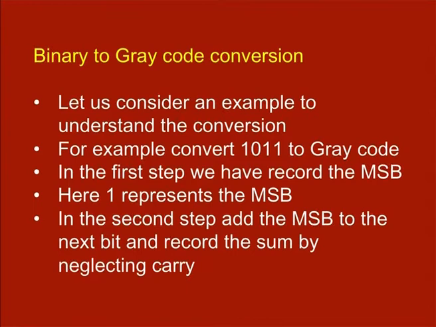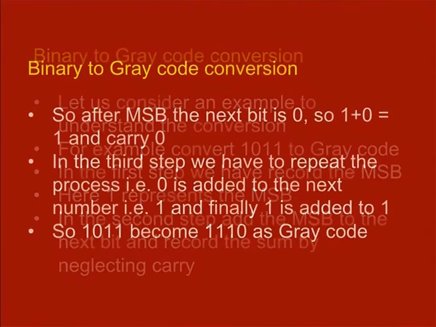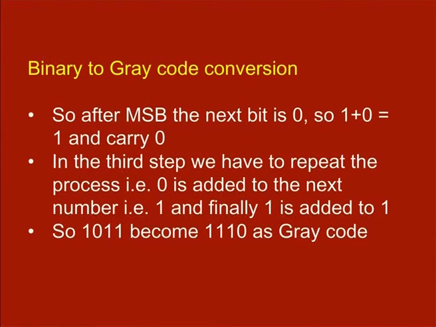In the second step, add the MSB to the next bit and record the sum by neglecting the carry. Here we have MSB as 1 and the next number is 0. So, if we add 1 to 0, we get the sum of 1 with a carry of 0.